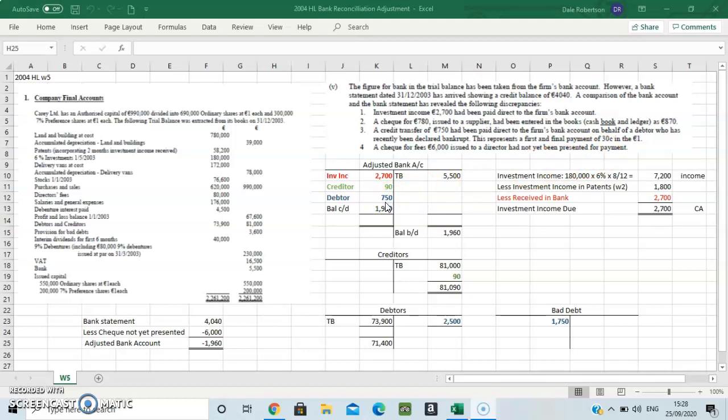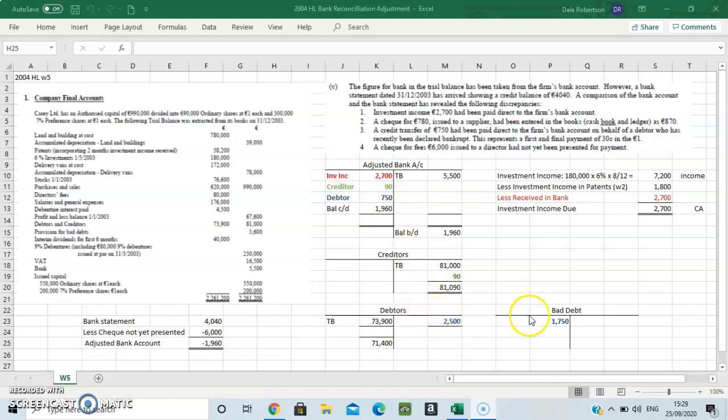So therefore we need to take the full 100% out of debtors. If we transfer that up, 750 divided by 30 multiplied by 100, the full debtor was 2,500. That's a credit entry. You take that away from debtors because he's no longer a debtor. 750 of it he paid us, and that's fine.